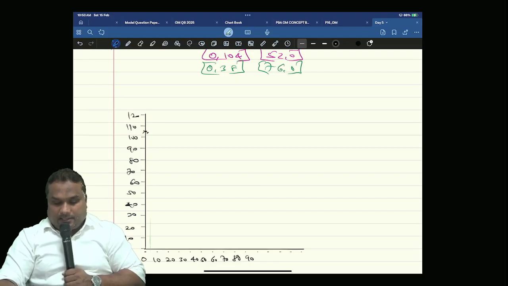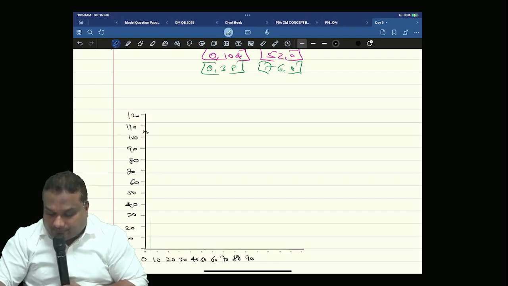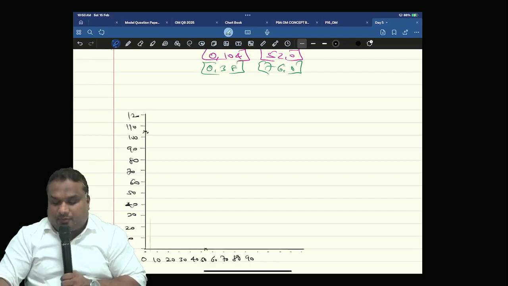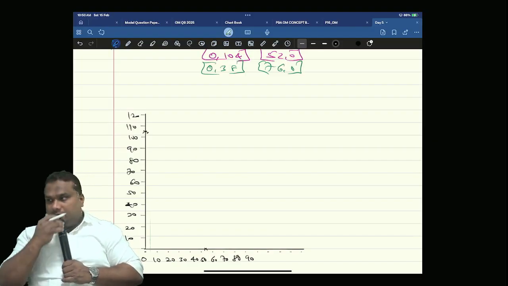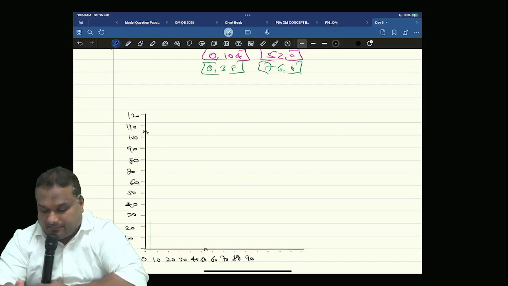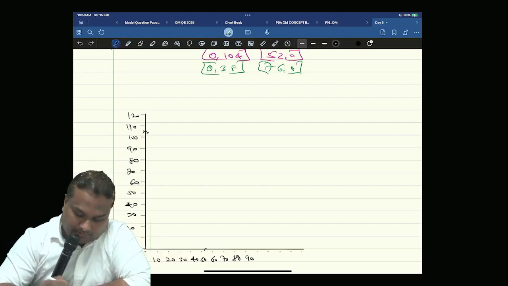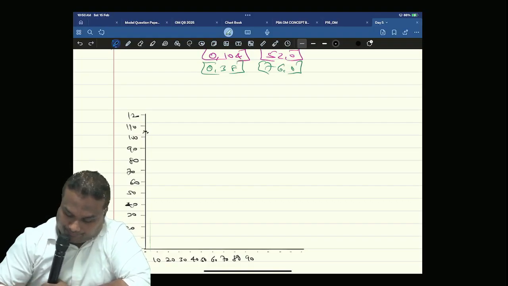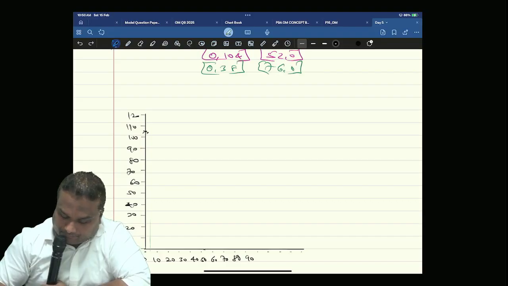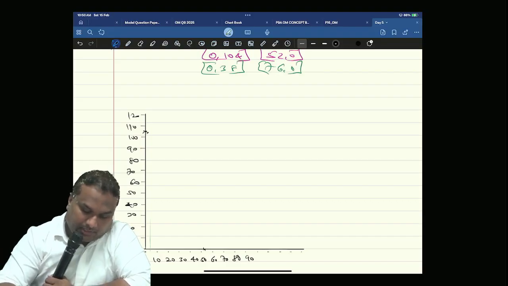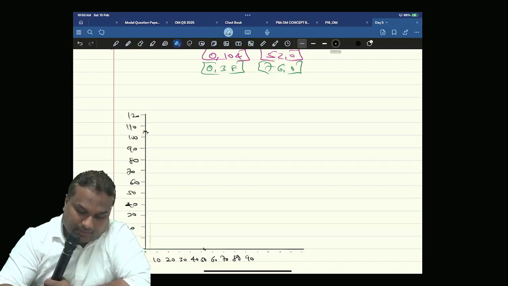Correct? Next, 52, 0. I am not able to do it perfectly, slightly I will do. Is it okay? 52, 0. Shall I? Now look at the board.